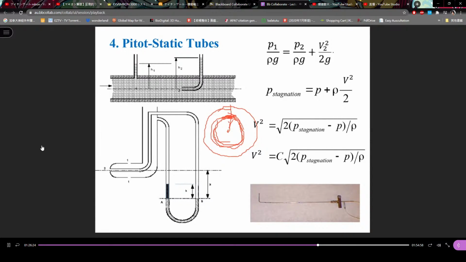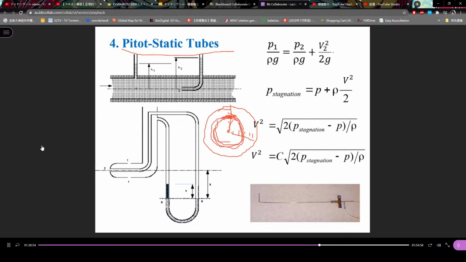So we can use the static tube to measure velocity and flow rate at each section, and then add all the flow rates in each section, and we can find the total flow rate and divide by the area, that's the average or mean velocity. However, it is complicated and not very accurate.